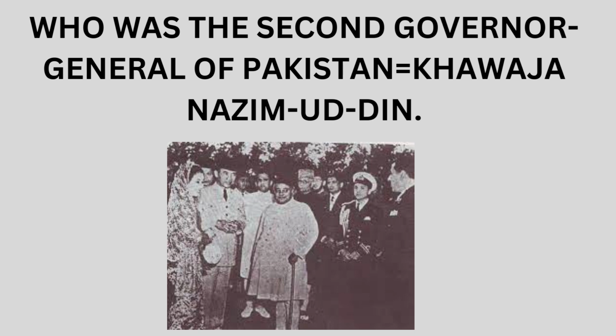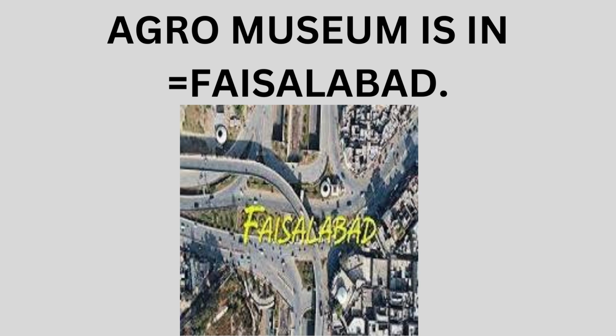And who was the second Governor General of Pakistan? So Khwaja Nazimuddin was the second Governor General of Pakistan, and Quaid-e-Azam Muhammad Ali Jinnah was the first one. And Agro Museum is in Faisalabad. Agro Museum is related to agriculture.